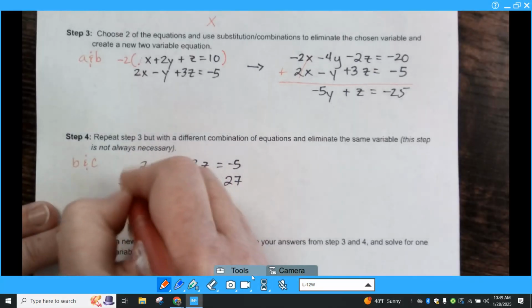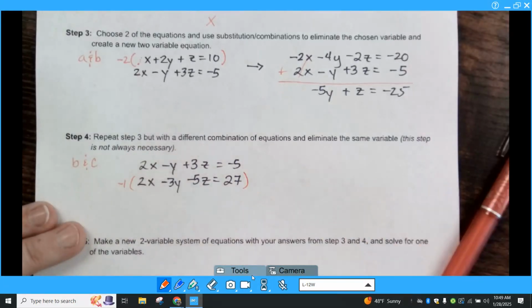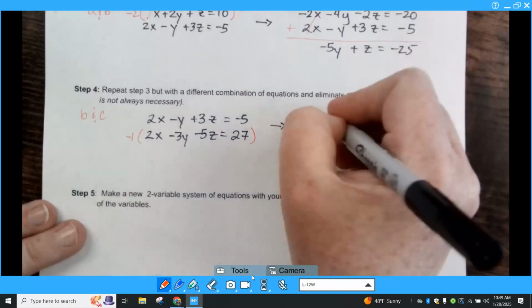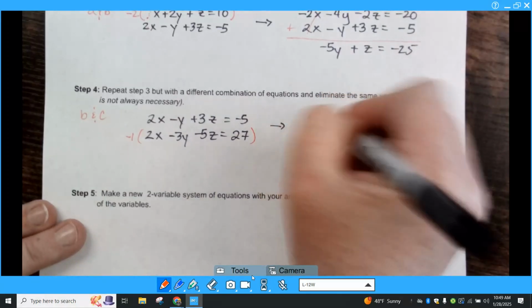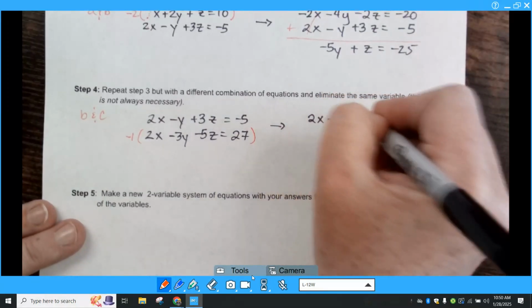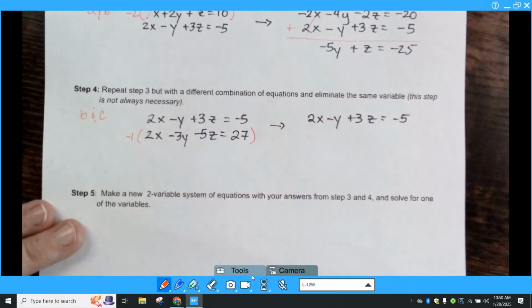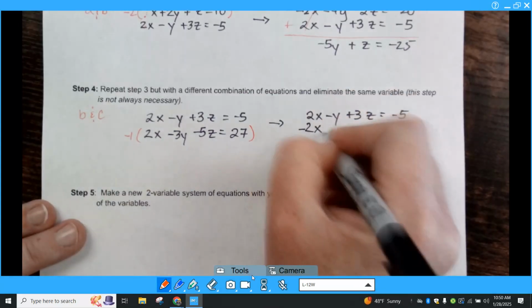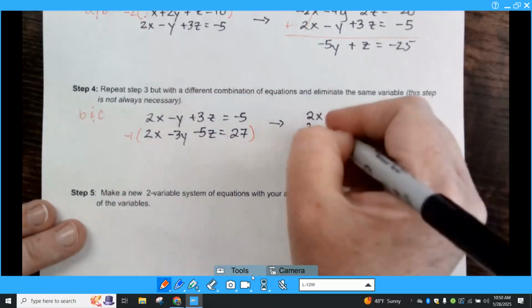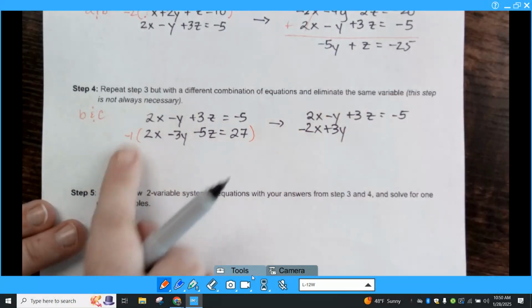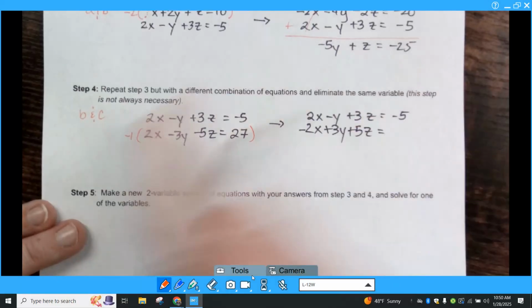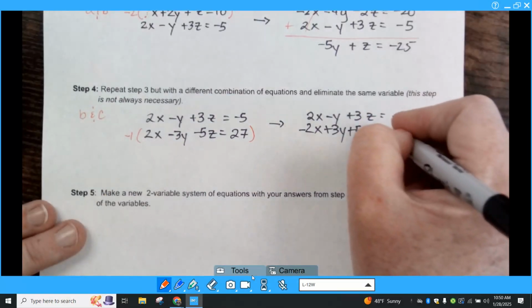I'll do the bottom this time. So the top stays exactly the same. So we've got 2x minus y plus 3z equals negative 5. And the bottom one becomes negative 2x. Negative times a negative is a positive 3y. Negative times a negative is a positive 5z equals negative times a positive is negative 27.